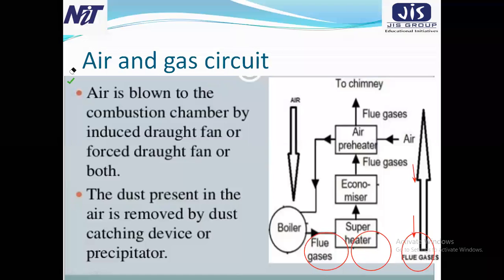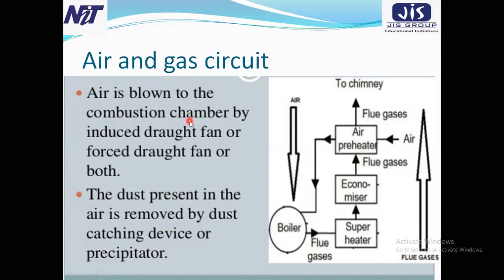Now when we move to the next slide, that is called the air and gas circuit, the top part where the chimney is connected. So first try to understand: air is blown to the combustion chamber by an induced draught fan or forced draught fan or both.